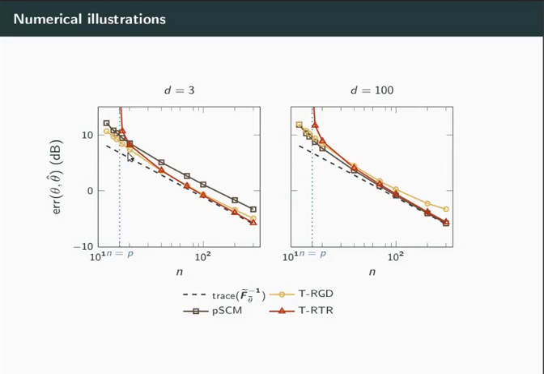On the other hand, the first order method, the gradient descent, performs well when we have few data, even fewer data than the size of the matrix, but still more data than the rank of the matrices, and also here in the Gaussian case.